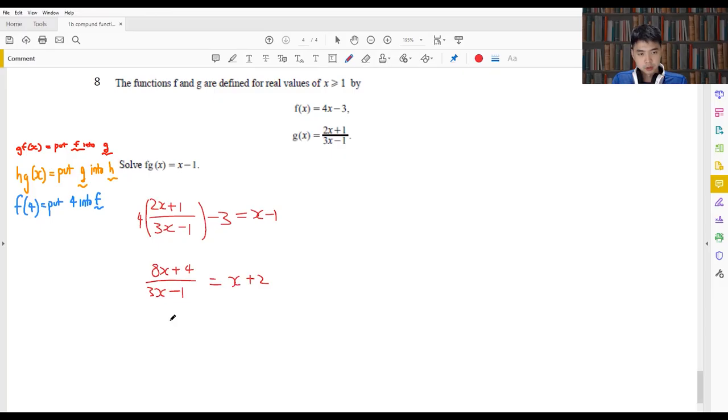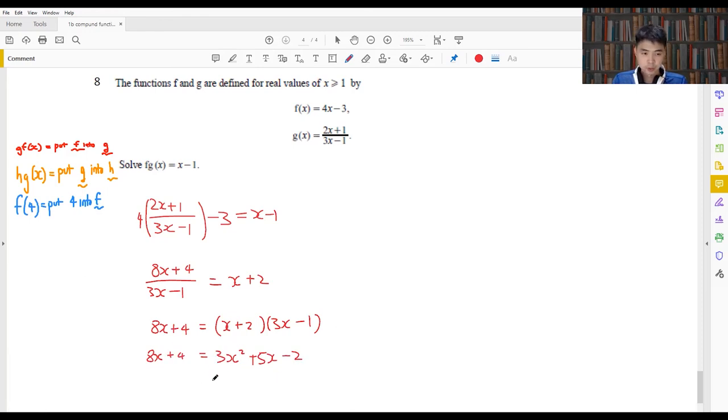From here, try to solve the x, we have to bring the denominator to the right hand side again. 8x plus 4 is equals to x plus 2 multiplied by 3x minus 1. Okay, 8x plus 4, open up this bracket, you would have 3x squared minus x plus 6x minus 2, so you would have gotten 3x squared plus 5x minus 2.